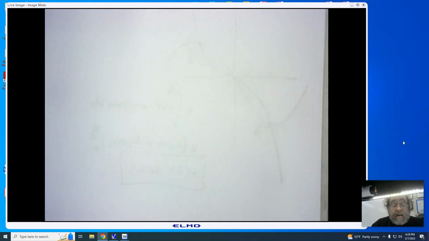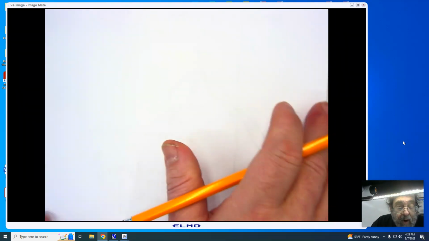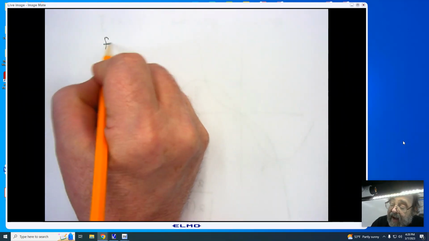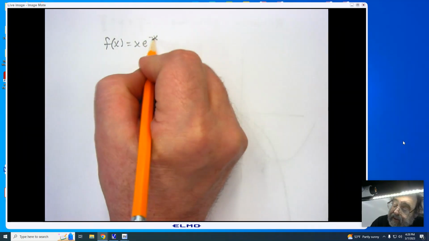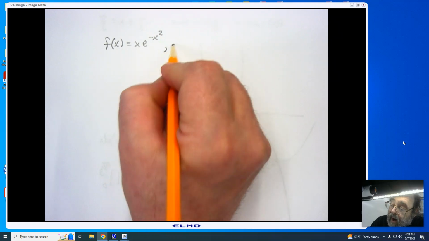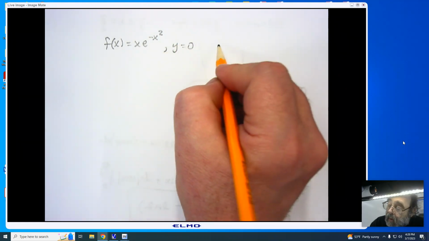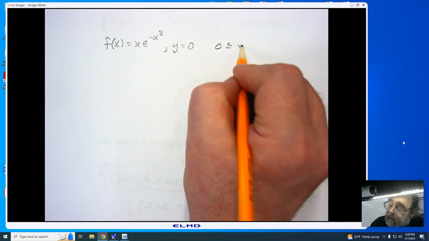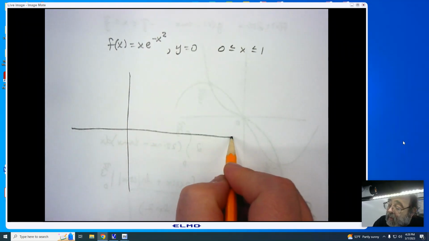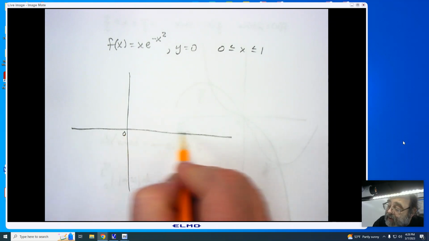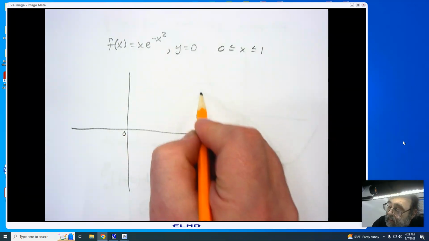Last one, number 41. Number 41 is giving us f of x is equal to x e to the minus x squared, and we have y equals 0. We are working from 0 to 1. So if we graph this, here's my y equals 0, starting at 0 and moving toward 1.